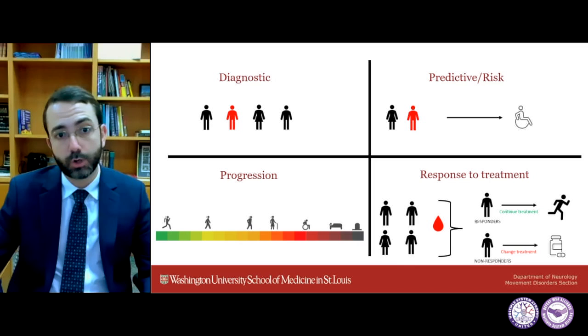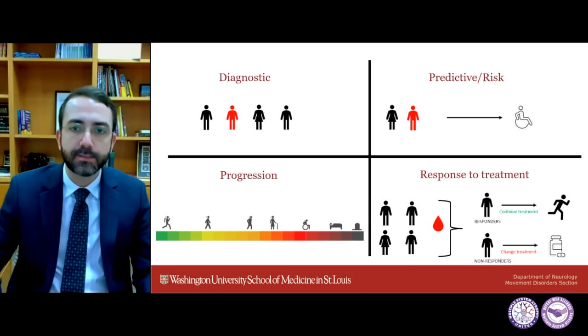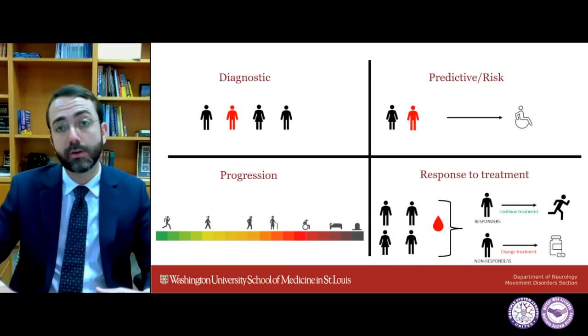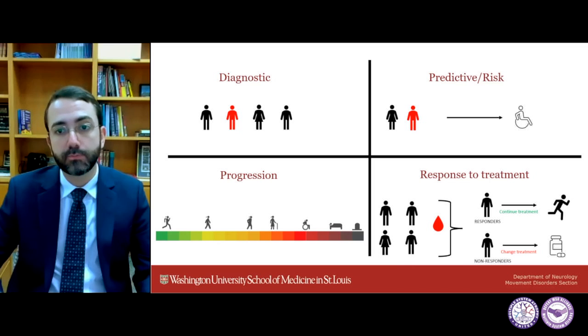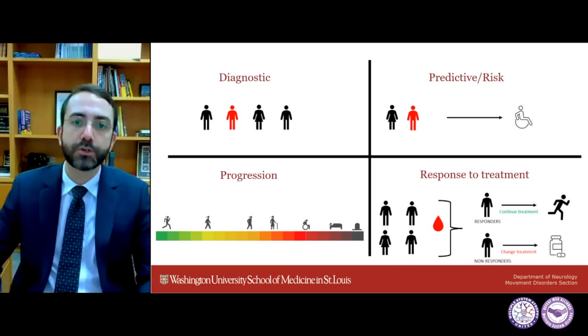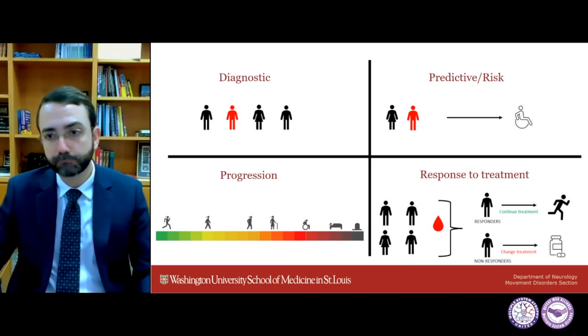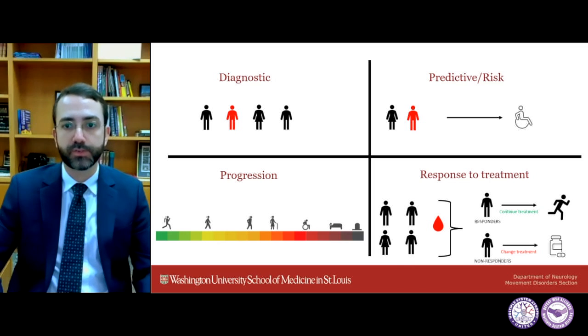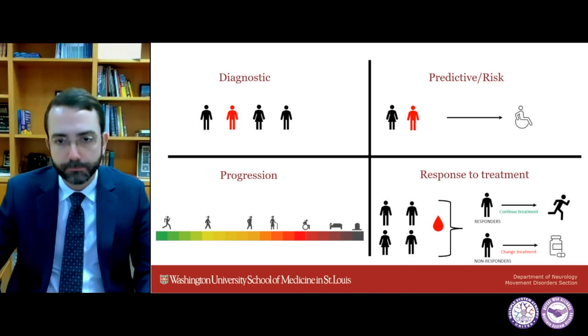And this is also obviously very important for clinical trials, as it can allow us to better match participants and make sure that they have similar disease characteristics when we're comparing those in clinical trials. But it's also extremely important when talking to patients. If we do have biomarkers that can allow us to better understand the clinical progression, we can provide better information for patients and families.